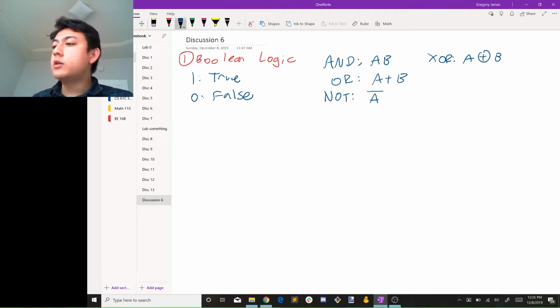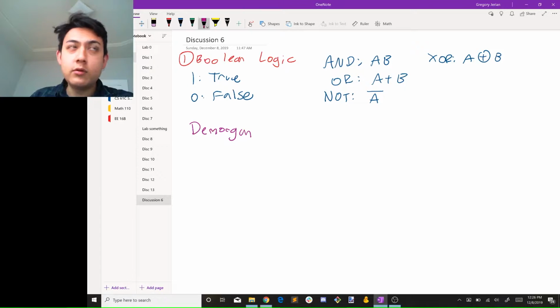If you look at the worksheet, you'll see that we have a lot of rules. We have the commutative property, the associative property, the identity property, the null property, right? And all of these are just different rules that occur for Boolean logic. One that I find really useful and maybe a little bit hard to understand is De Morgan's rule.